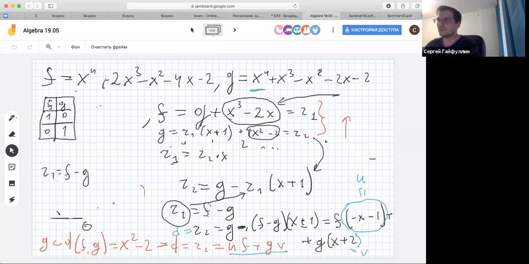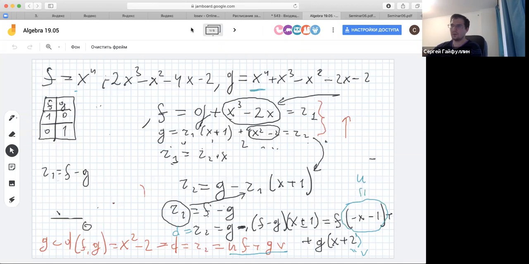Okay, I have two polynomials, F and G. We have already solved the task with them, but now with tables. First of all, I have this table, F, G, 1, 0, 0, 1.